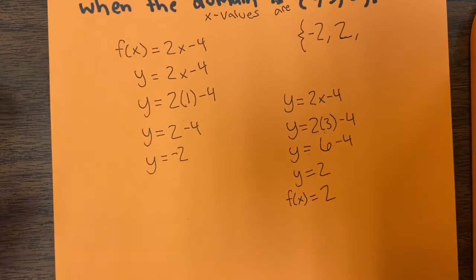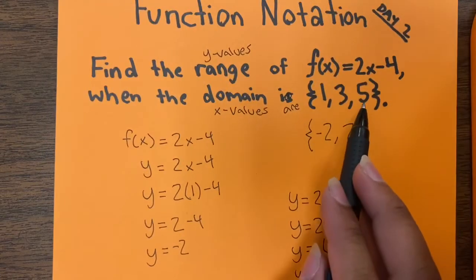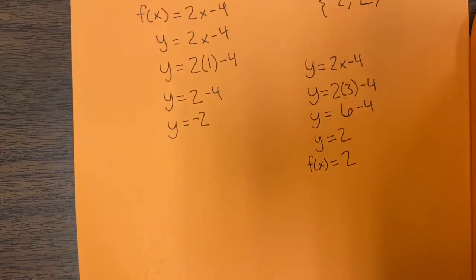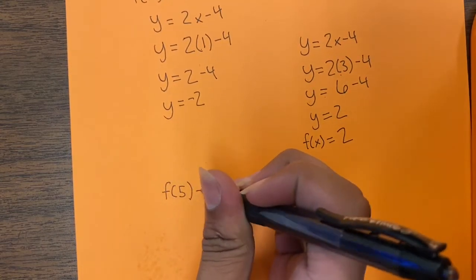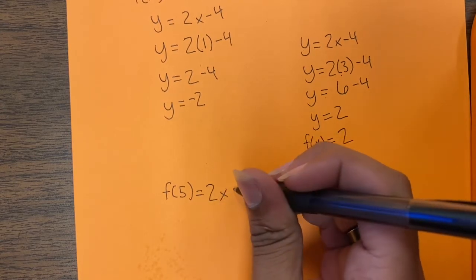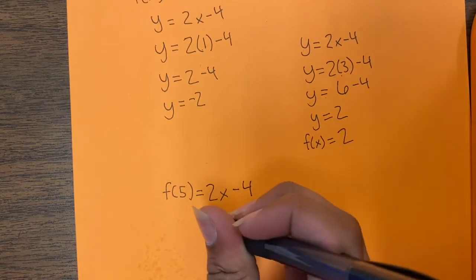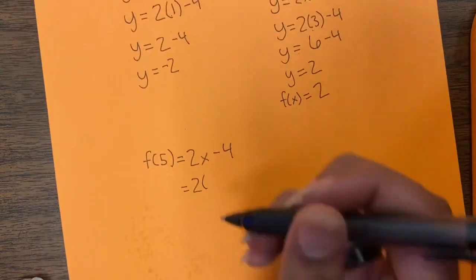And then my last one is when x is 5, what is the y value that goes with it? So f of 5 equals, I'm going to plug in 5 for x.